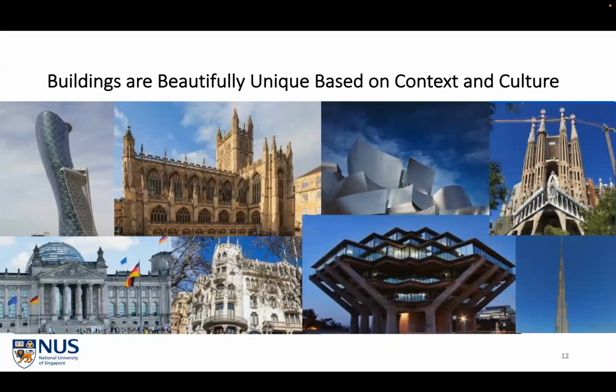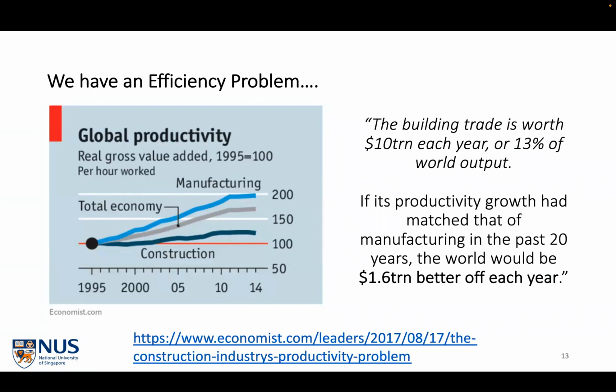But because of this diversity, we have an efficiency problem. This is kind of the symptom of what I'll be talking about: the efficiency per hour worked for manufacturing, for example, has basically doubled since 1995. The total economy has gone up by over 150%.